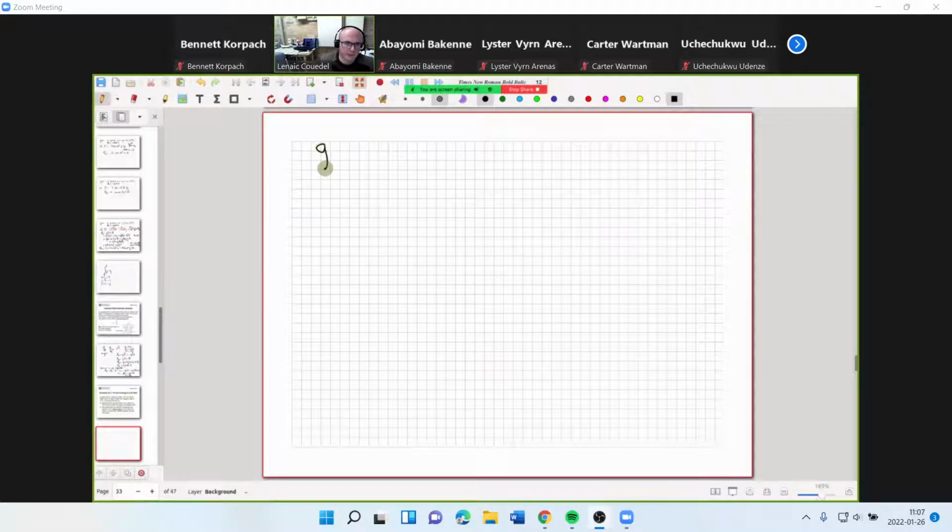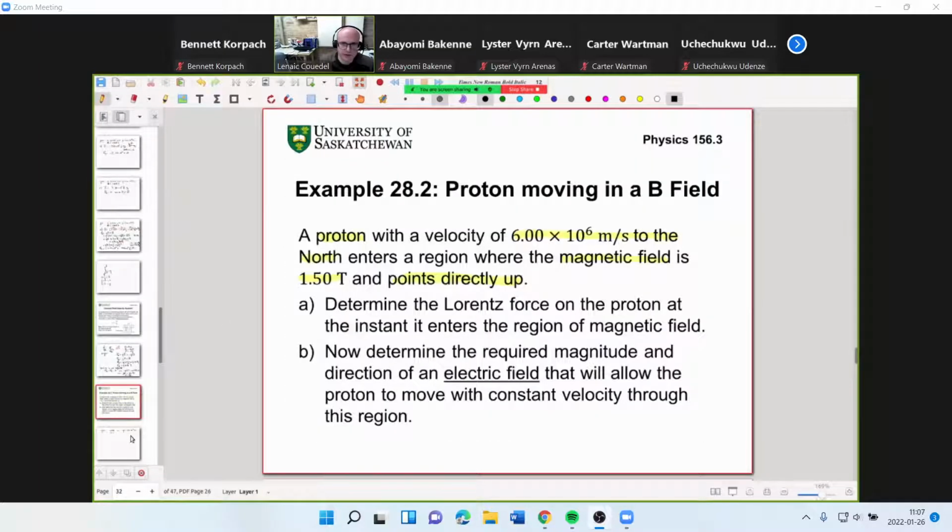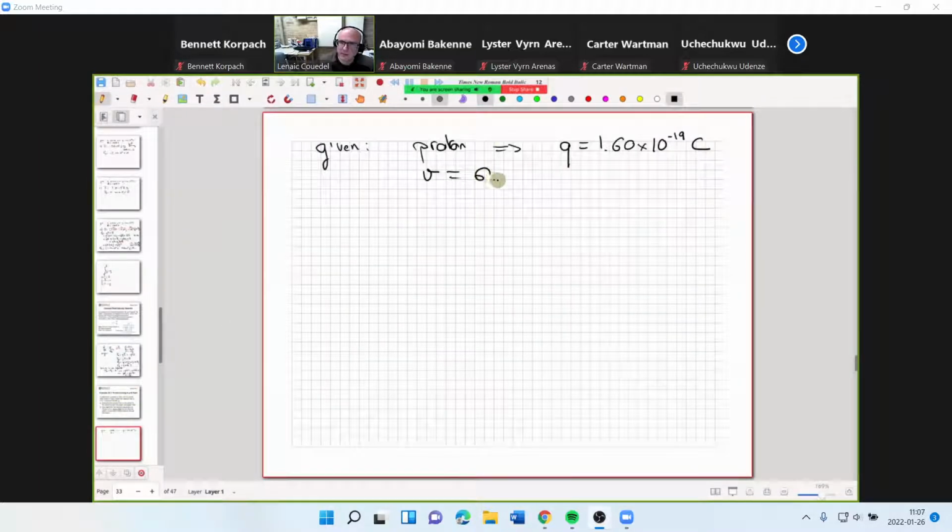So given proton, which tells us the charge Q is equal to the elementary charge, so 1.60 10 to the minus 19 Coulomb. We have a velocity equal to 6 10 to the 6 meter per second north.